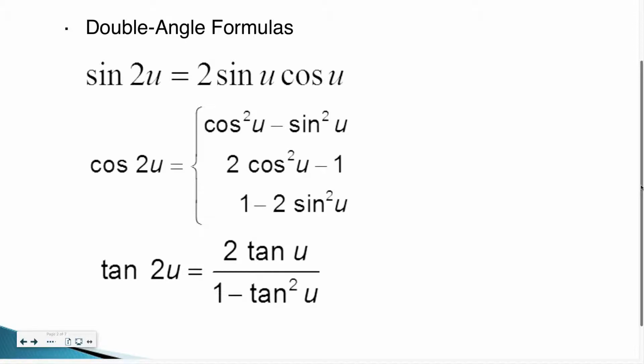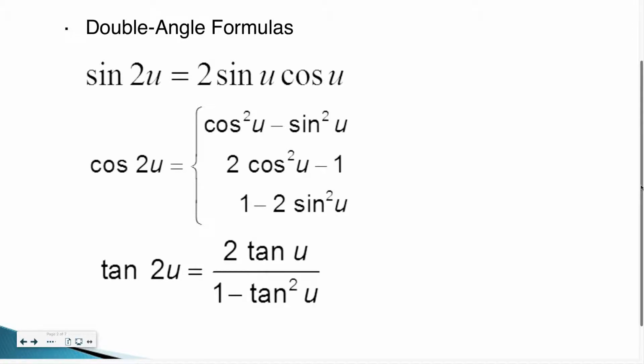So what's happening with these formulas is we have a double angle, and when we apply the formula, the angle cuts down by half. So just because you see these with 2's doesn't mean that they can't be applied to other angles.